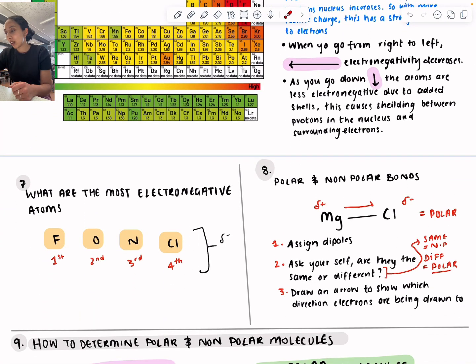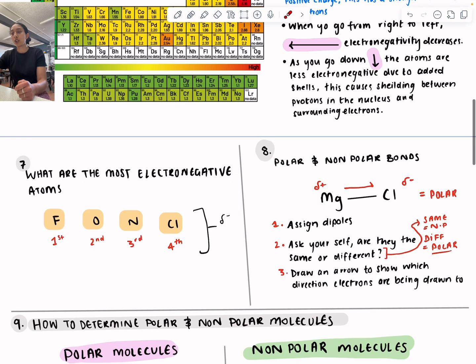And so basically, if we look at 2 different atoms, they're most likely to have differing levels of electronegativity. And so in this case, we've got magnesium as positive dipole and then chlorine as negative dipole. And so you need to draw an arrow to show the direction of electron pull.